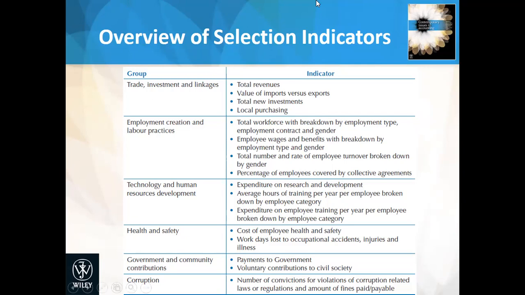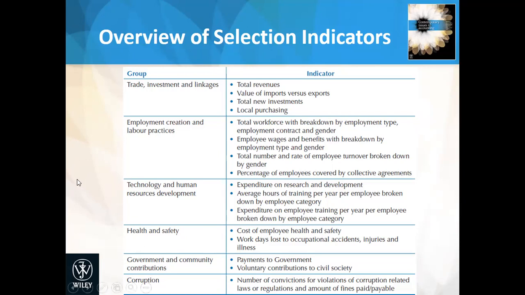For example, for the group trade, investment, and linkages, our indicators, or KPIs, key performance indicators, would be the total revenues and the value of imports versus exports. If we talk about the company and the economy as a whole, remember we look into the sales, so exports would be better if greater than imports. Also, we look into the total new investments and the local purchasing to make our economy active.